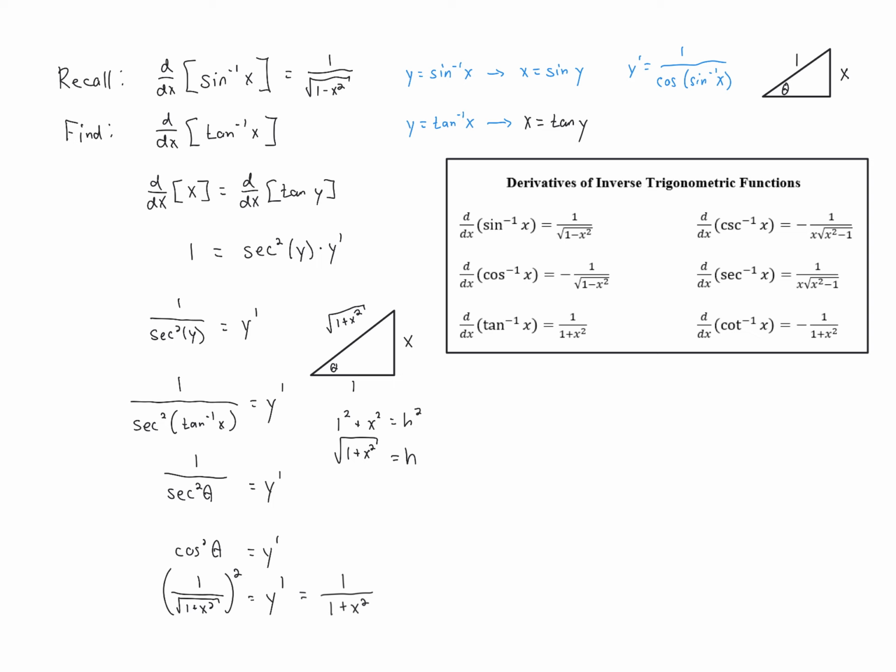I want to challenge you on your own to derive the derivative for inverse secant, see if you can go through all of these steps and figure out where 1 over x times the square root of x squared minus 1 comes from. It's a little bit of a challenge problem. But for now, we have these formulas for the derivatives of the inverse trigonometric functions, and we can now just use them anytime we are evaluating derivatives involving these functions.